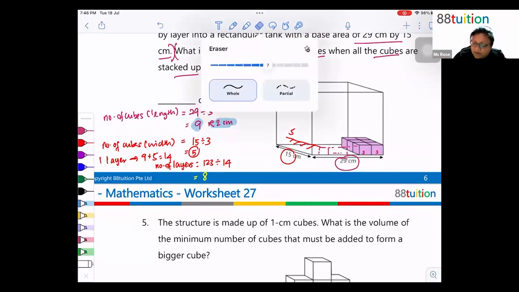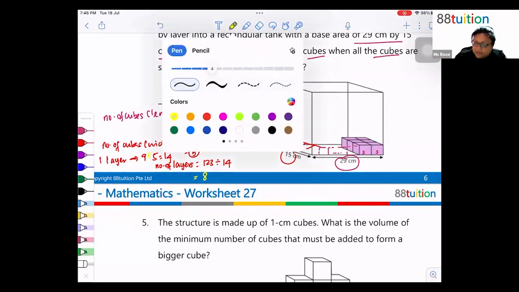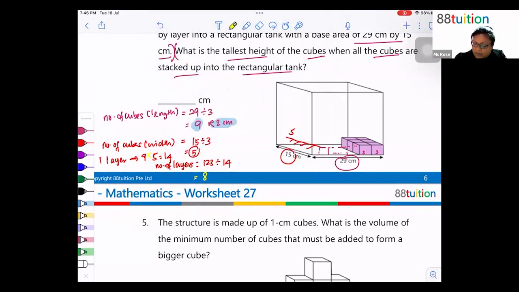Multiply them. Correct. So the rest of you who are sleeping, this is multiplication. We multiply this to give us how many cubes? 45.